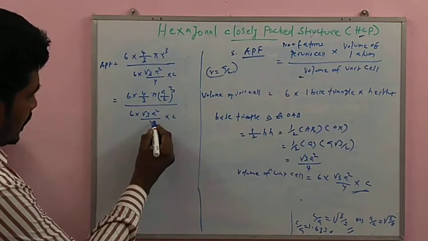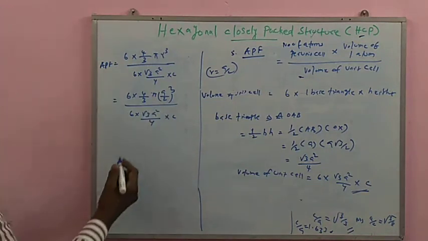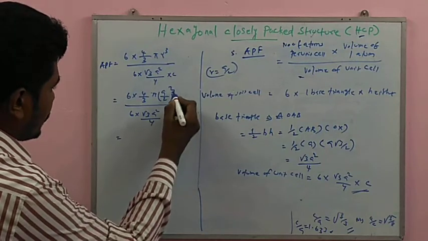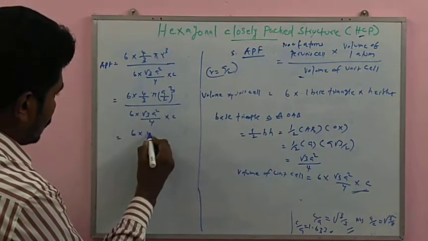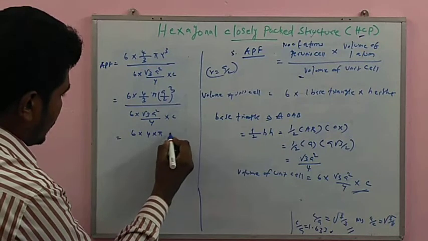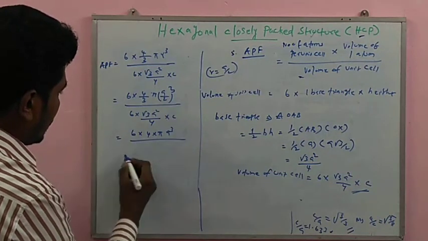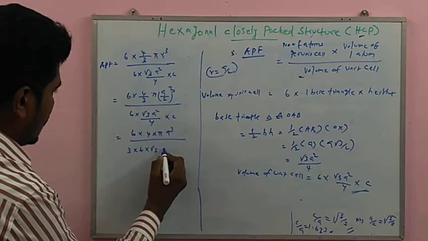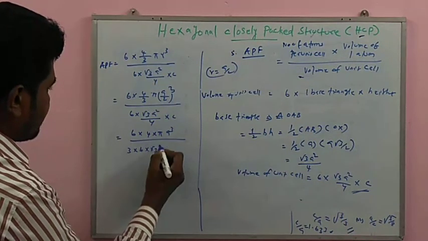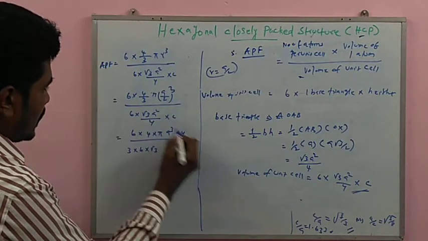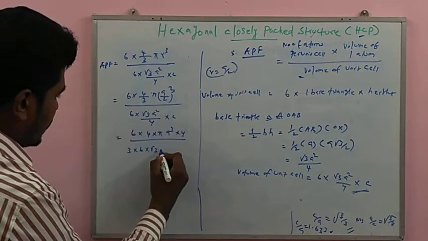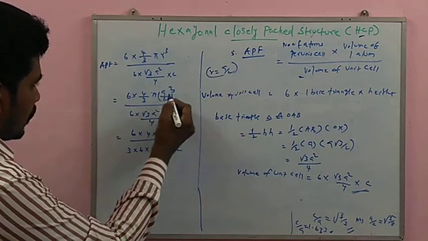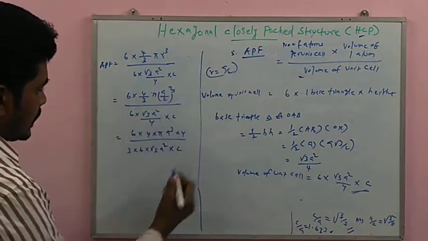Understand? Now we find these values. What is the value of APF? 6 into 4 pi A cube divided by 3 into 6 into root 3 into A square into C, with the 4 in the denominator. The numerator 2 power 3 is equal to 8.